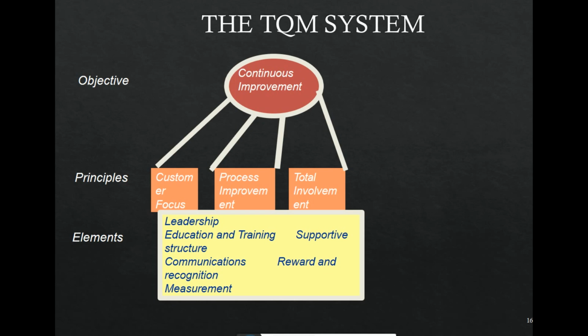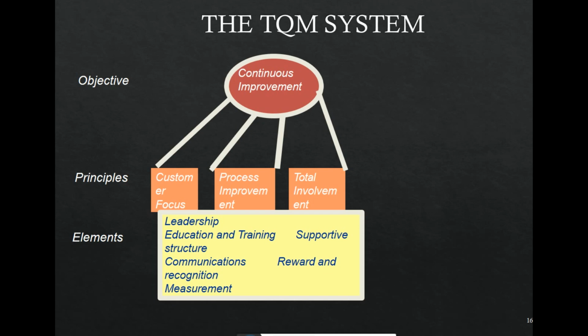It has leadership from the top level management. It has education and training and support. Provide education and training about total quality management, about the small incremental improvement, and it has communication which is smooth flow, and some recognitions and measures to be taken to achieve the continuous improvement.